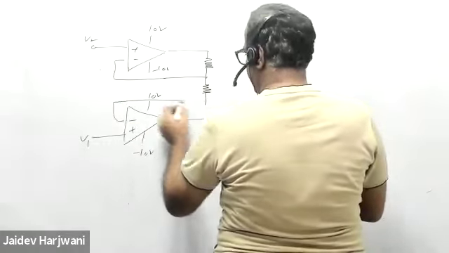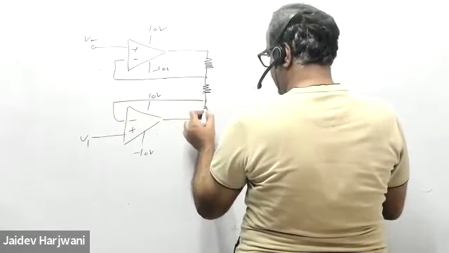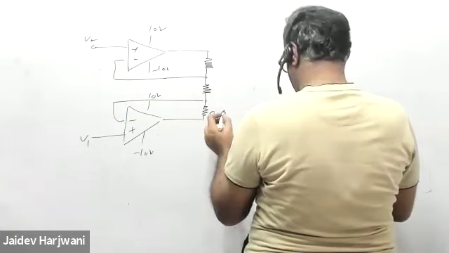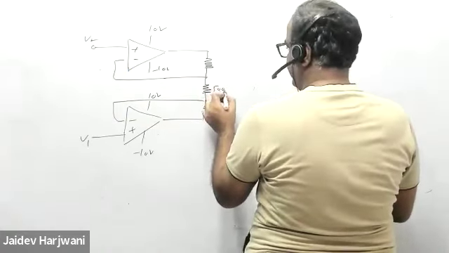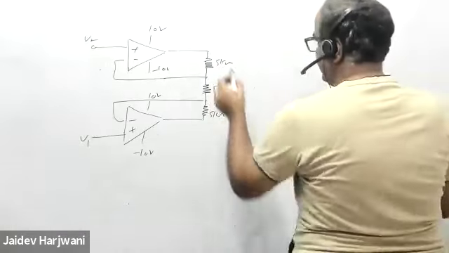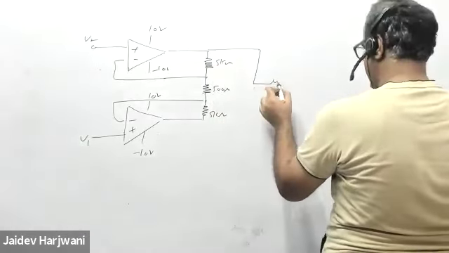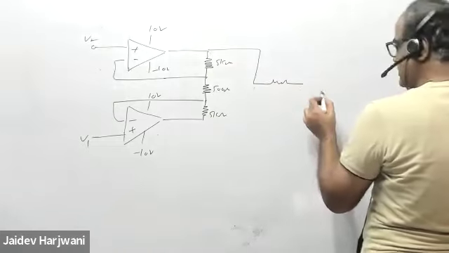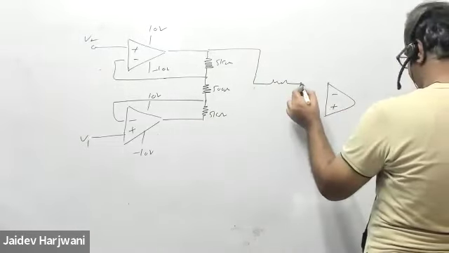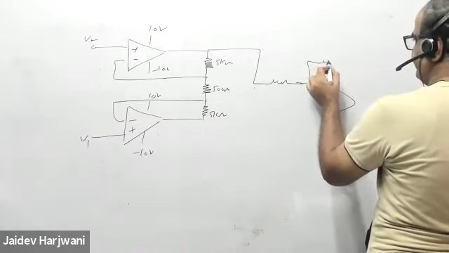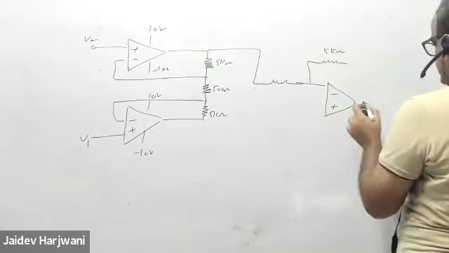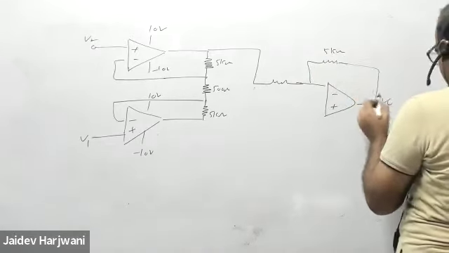And then this is coming here. This is 5 kilo ohm, 500 ohm, 5 kilo ohm. And this is coming here, 5 kilo ohm, 5 kilo ohm, and this is V0.